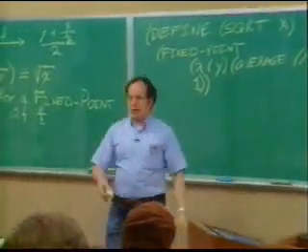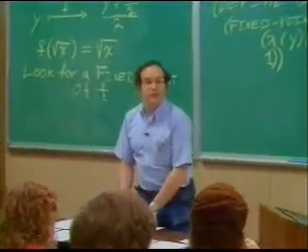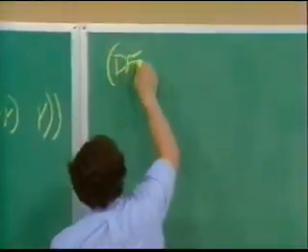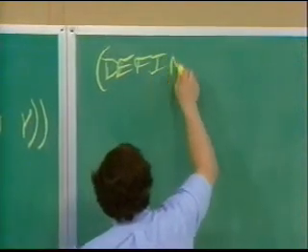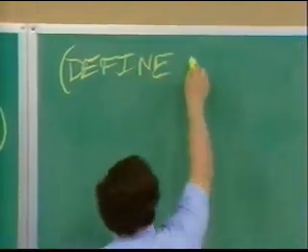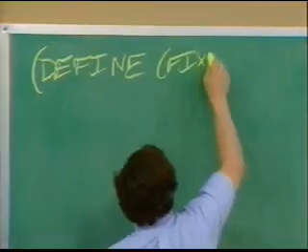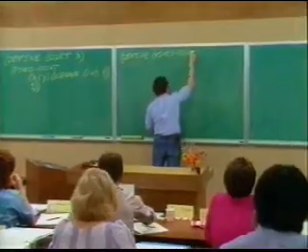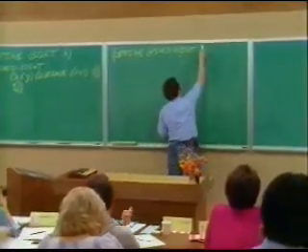Okay, well now let's see how we're going to come up with fixed points. Well, it's very simple actually. I'm going to write an abbreviated version here just so we understand it. I'm going to find the fixed point of a function f.